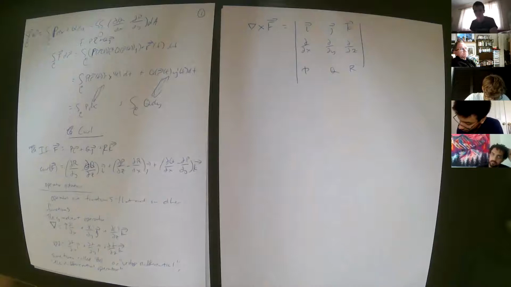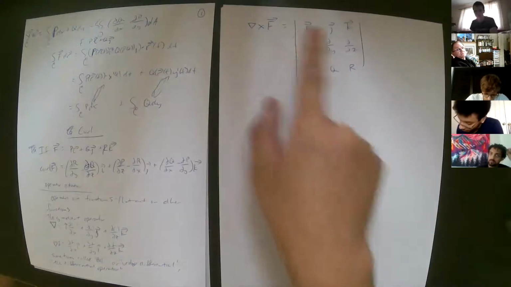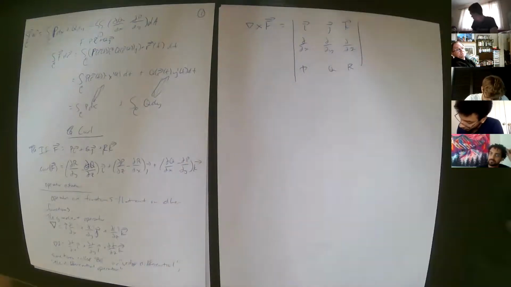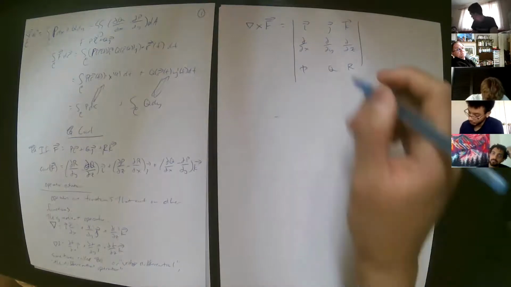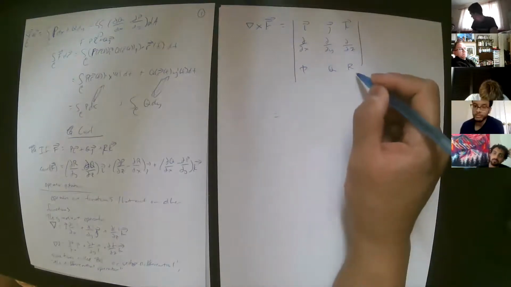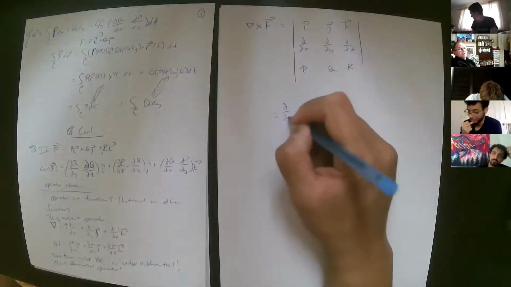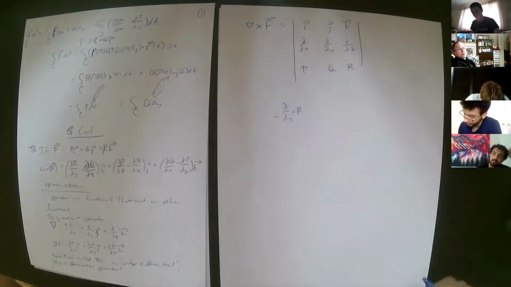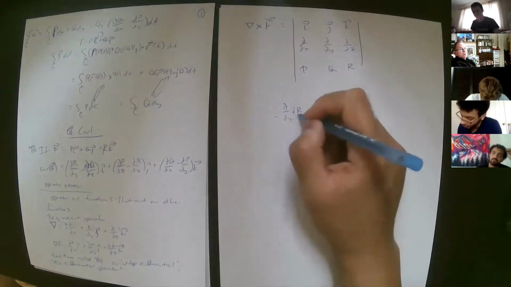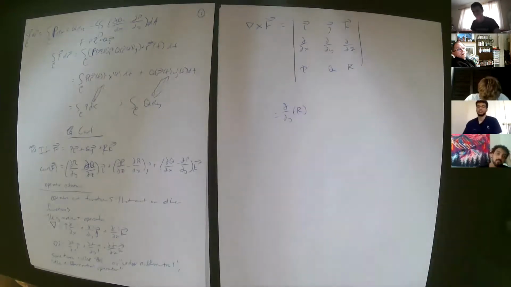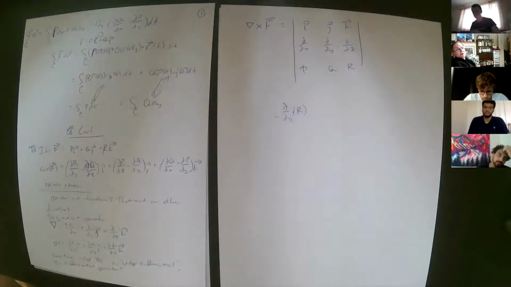So it's i times the determinant of this 2x2 box, so it's d/dy times R. This is a discussion of how we're actually going to do this. You said we're going to cross an operator with a vector, which obviously doesn't make a lot of sense on the surface.